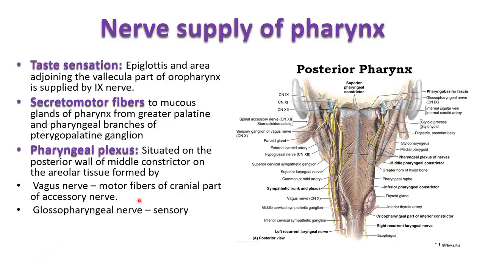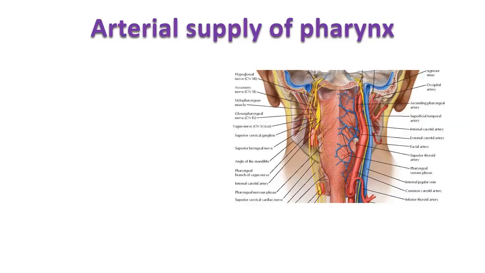Then it has a sensory component, with the glossopharyngeal nerve contributing to it. Then it has a sympathetic component from the superior cervical ganglion, which is vasomotor in nature to the blood vessels. So that is the composition of the pharyngeal plexus.